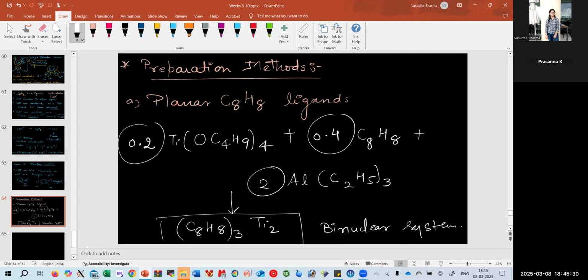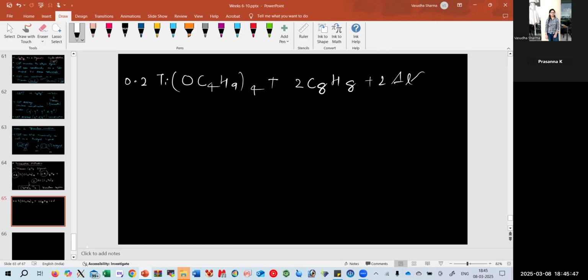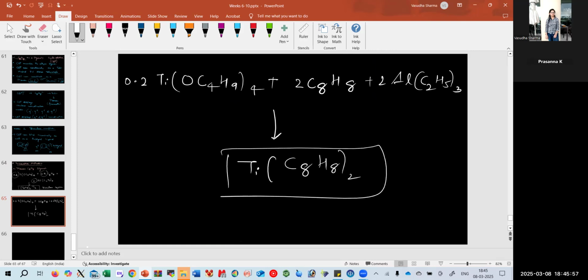Now, if we change the stoichiometric ratio to 0.2 titanium OC4H9, this is a substrate or a salt, you are using now two molecules of C8H8 and two molecules of AlCl3. It would give you a monomeric structure of C8H8 twice.